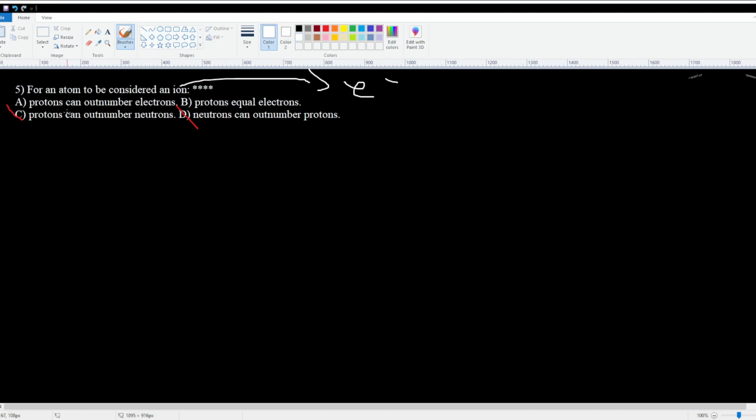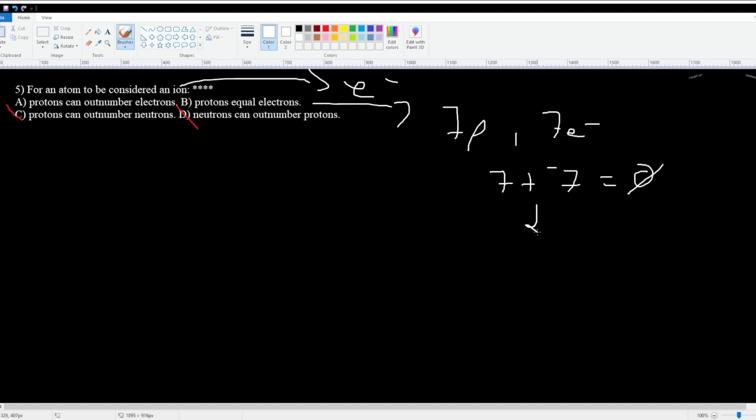So when we're talking about A, protons can outnumber electrons, or B, protons equal electrons: if we have 7 protons and 7 electrons, 7 plus -7 gives us 0, right? So if protons equal electrons, then this is considered a neutral atom.